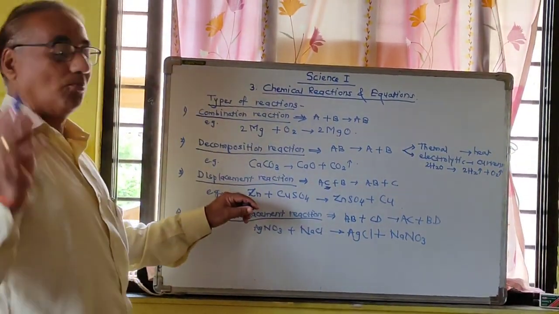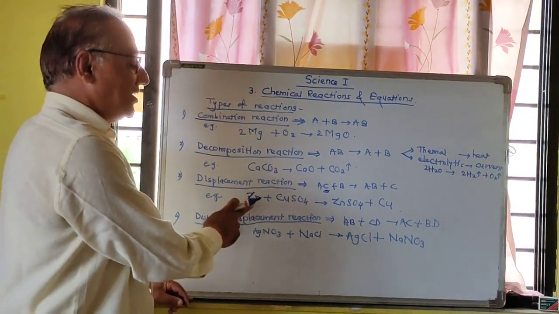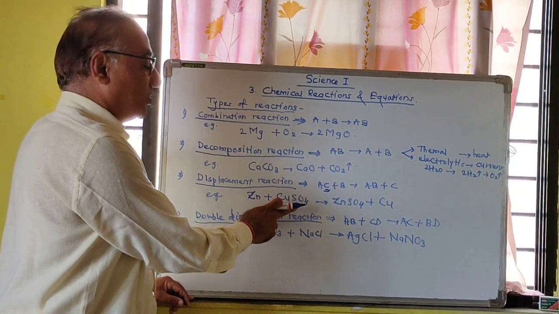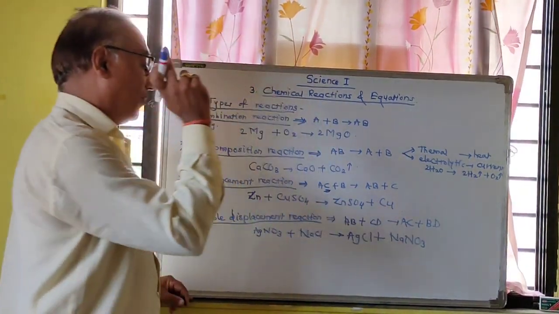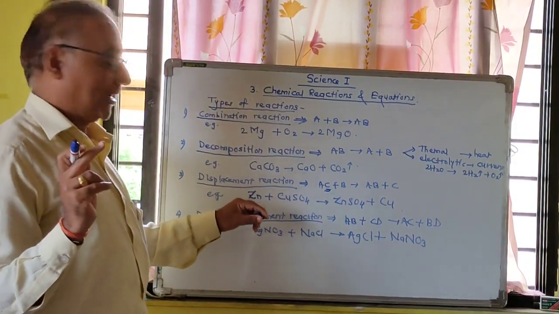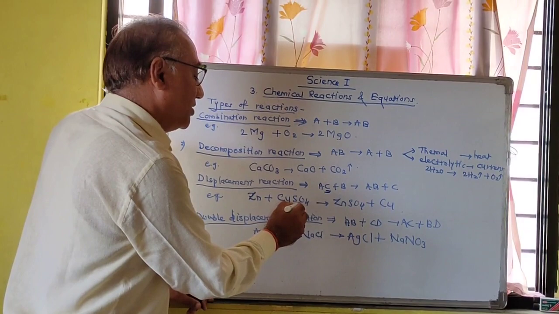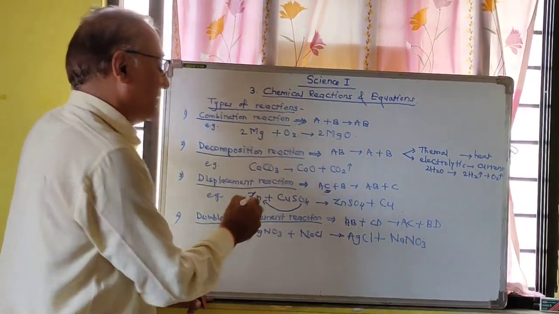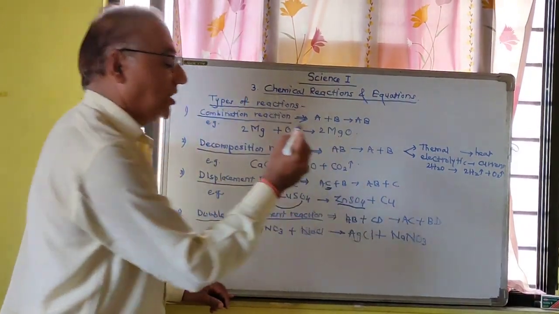Now let us see one more example of displacement reaction. When zinc is reacted with copper sulfate solution, there is formation of zinc sulfate and copper. In this reaction we find that in copper sulfate, the sulfate group is displaced to the zinc and there is a formation of zinc sulfate.